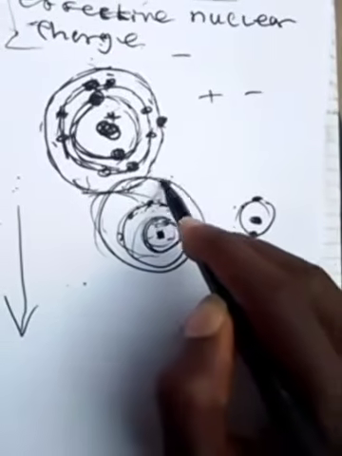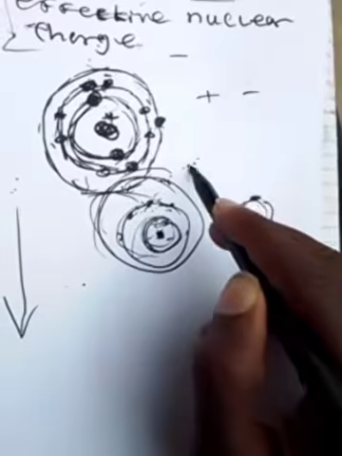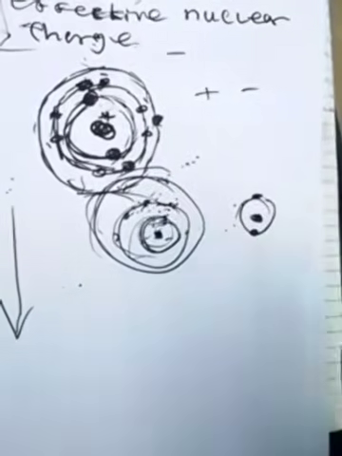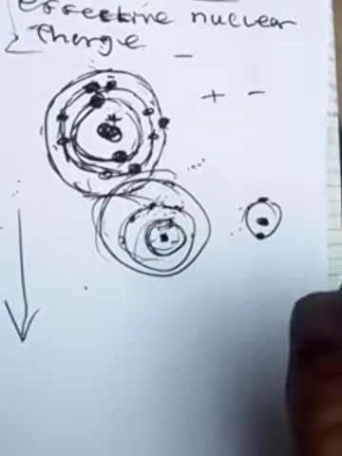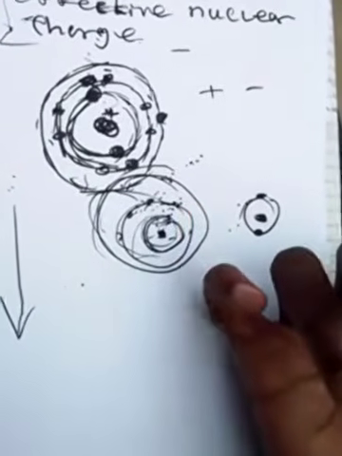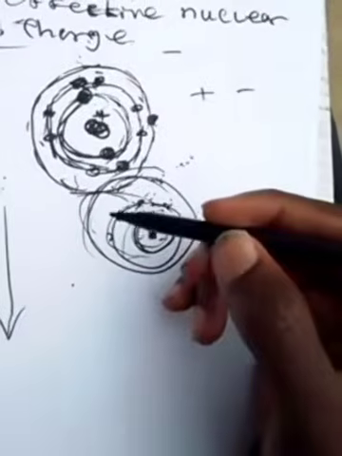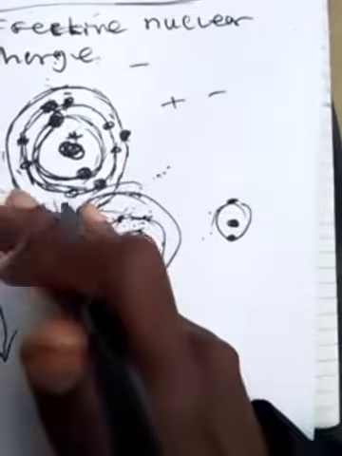So this one has low chances of attracting electrons to itself because of the increase in the number of shells. If you are told to explain, make sure that you talk about the increase of the shells.